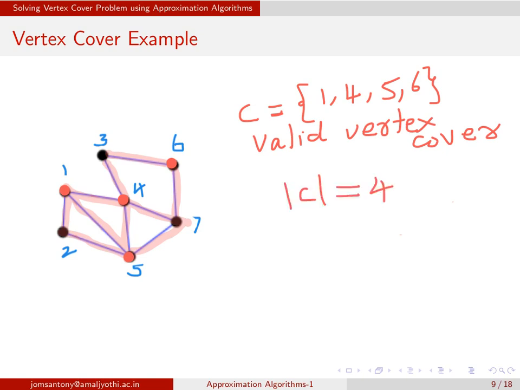Now you can pause the video for some time and try to find other vertex covers with a size equal to 4. You can also check whether it is possible to have a vertex cover having size less than 4. In fact, in this example, we cannot have a vertex cover whose size is less than 4. It means that the minimum vertex cover of this graph has a size of 4.